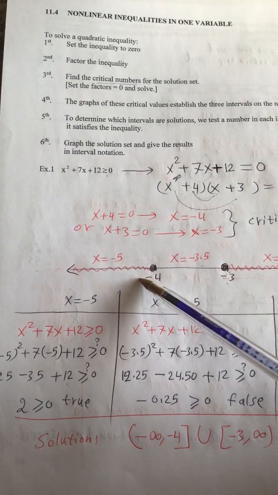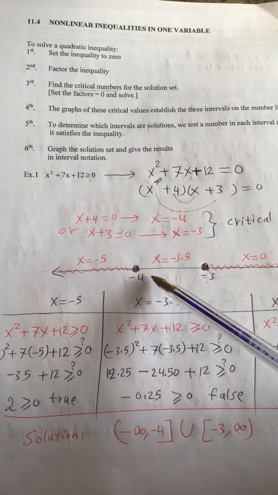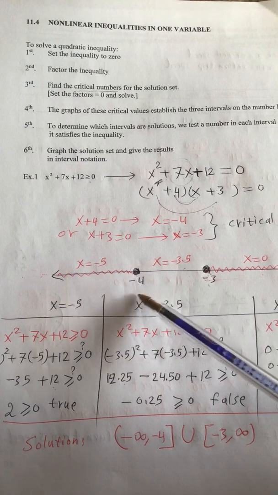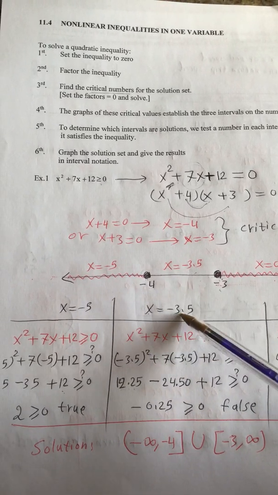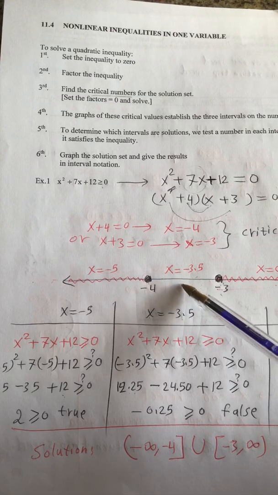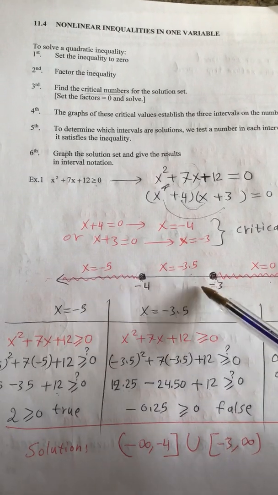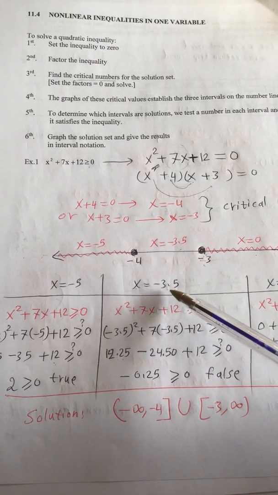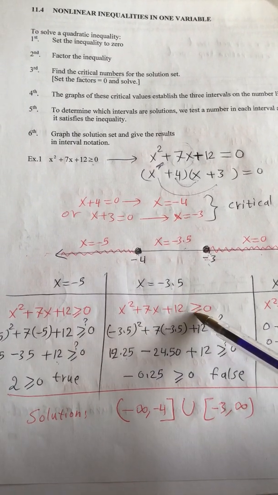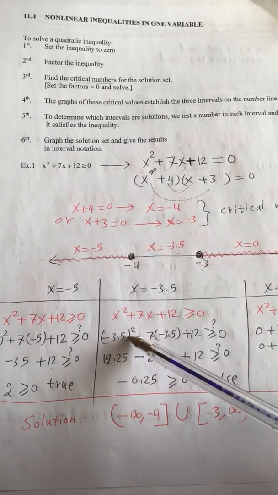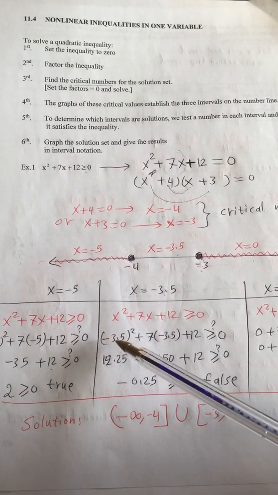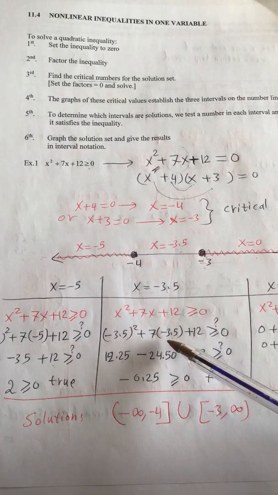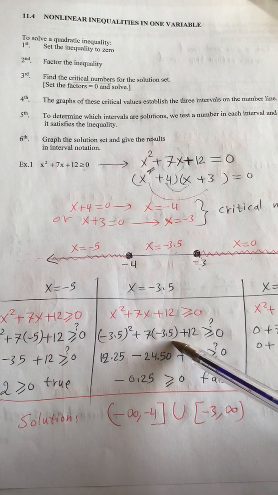So this interval, from minus infinity to negative 4, is a solution. Similarly, take any number belonging to the interval from negative 4 to negative 3. You can choose negative 3.5. Substitute negative 3.5 for x: negative 3.5 squared plus 7 times negative 3.5 plus 12.